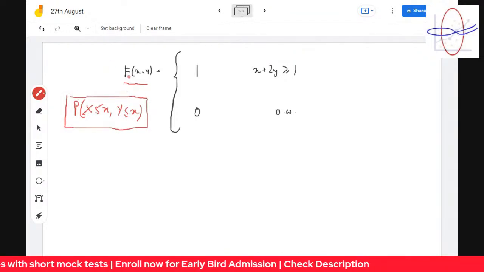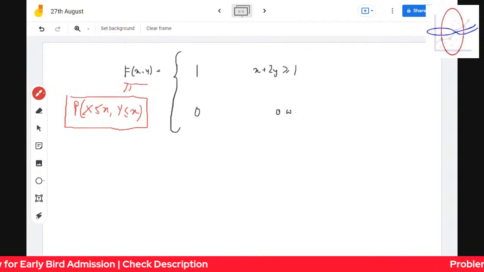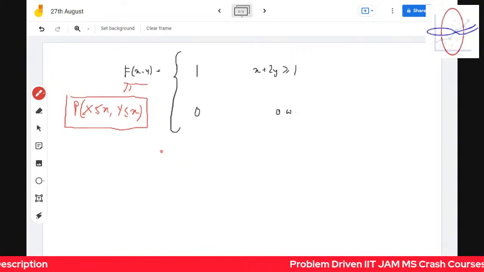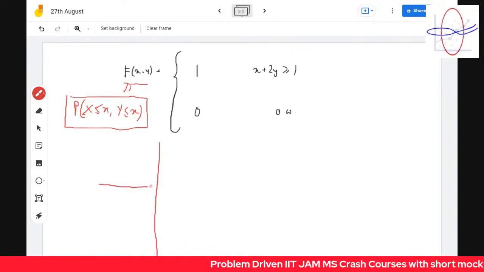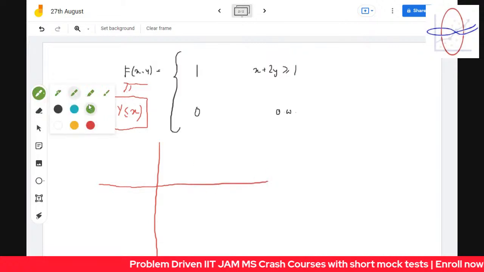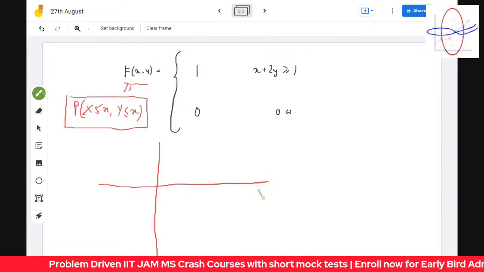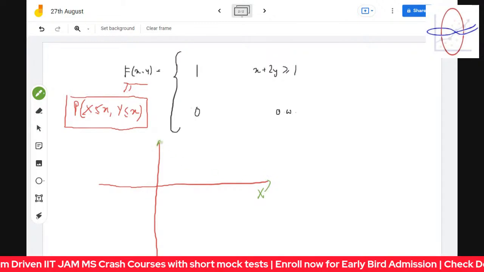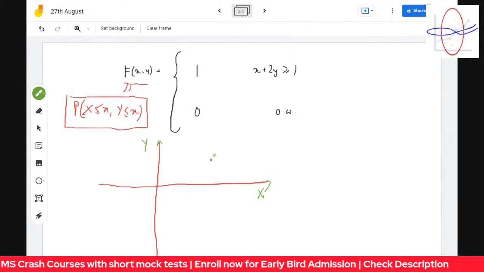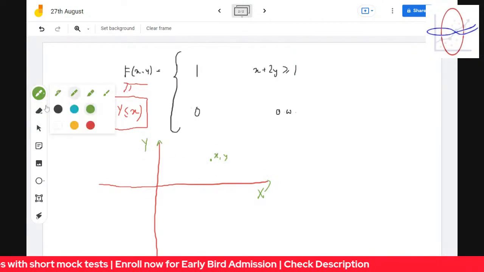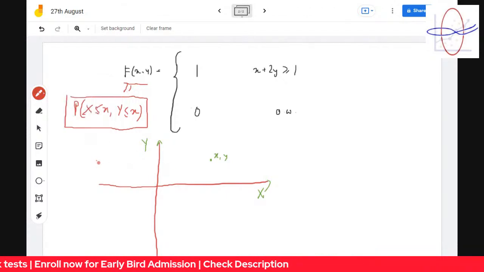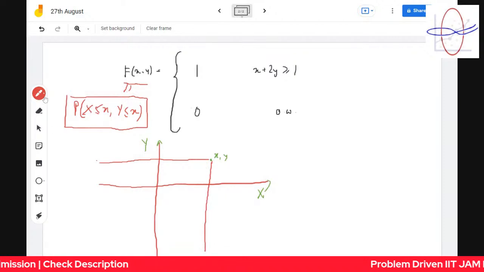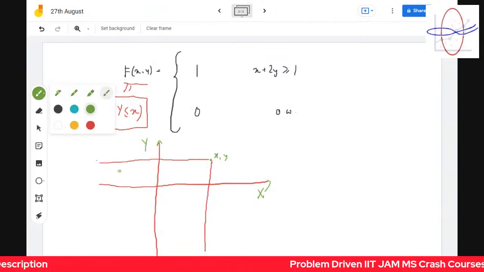If you understand that this is the definition, we will explore certain properties of the joint distribution. If you draw the diagram of the x axis and y axis and see what this means, given a point x comma y, we are measuring the probability that the given outcome will lie in this marked region.